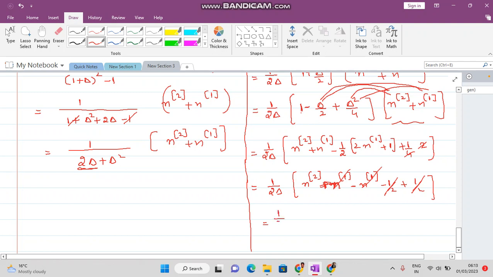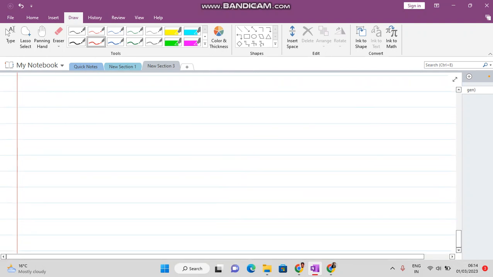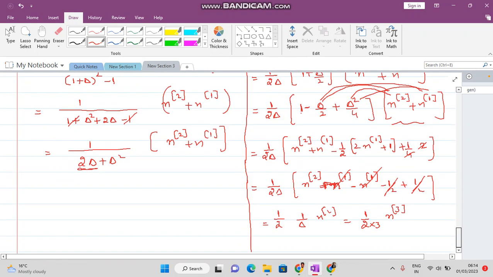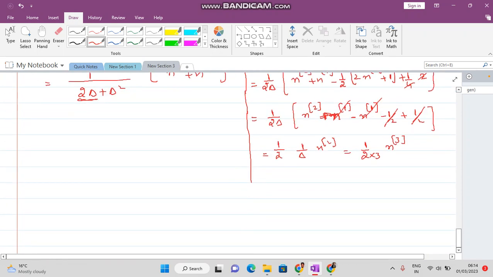So you are left with 1 by delta into n raised to the power 2 factorial. Now 1 by delta means integration, so it is n raised to the power 3 factorial by 3. So the final answer of this is 1 by 3, or in factorial polynomial form, n raised to the power 3 factorial by 3, which is 1 by 3 into n into n minus 1 into n minus 2. So this is the answer. Now in the next video lecture we will talk about the fourth type.